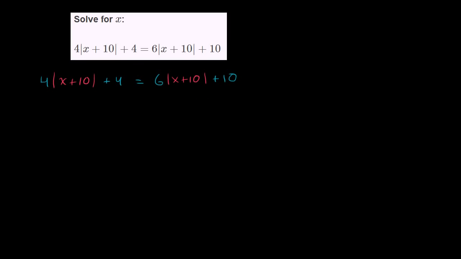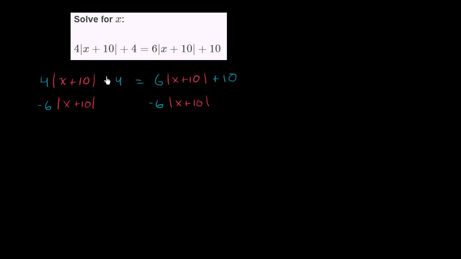Well, how would I do that? Well, I could subtract 6 times the absolute value of x plus 10 from the right, but we've already seen this multiple times. If these two things are equal, and I want to keep them equal, if I subtract 6 times the absolute value of x plus 10 from the right-hand side, I have to subtract the same thing from the left-hand side.